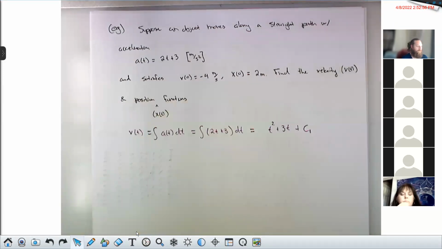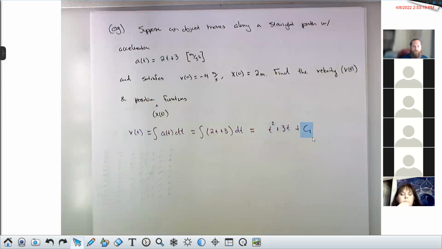I'm going to put a C1 there because we're going to do another integral, and we'll give them different names. So my velocity function, again, this prescribes a slope field. There are infinitely many curves that could fit that slope field. They're all of this form, t squared plus 3t plus some constant.